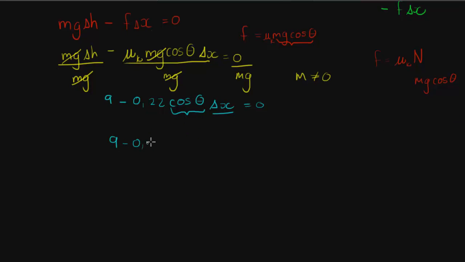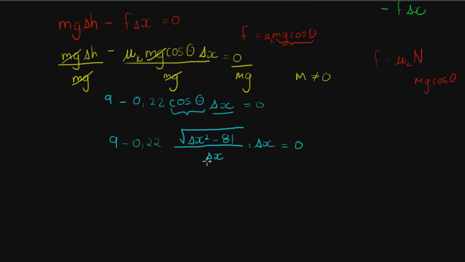9 minus 0.22. This was quite a complicated maths question, which I am not sorry about at all. Minus, let's put 81, 9 squared, divided by this times delta x is equal to 0.